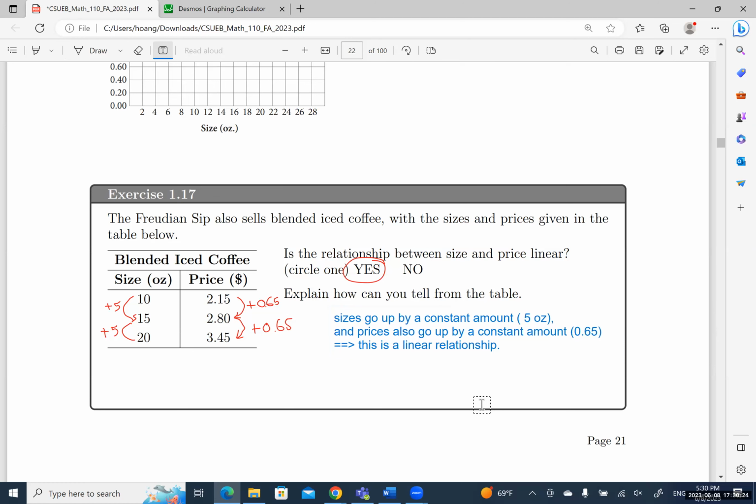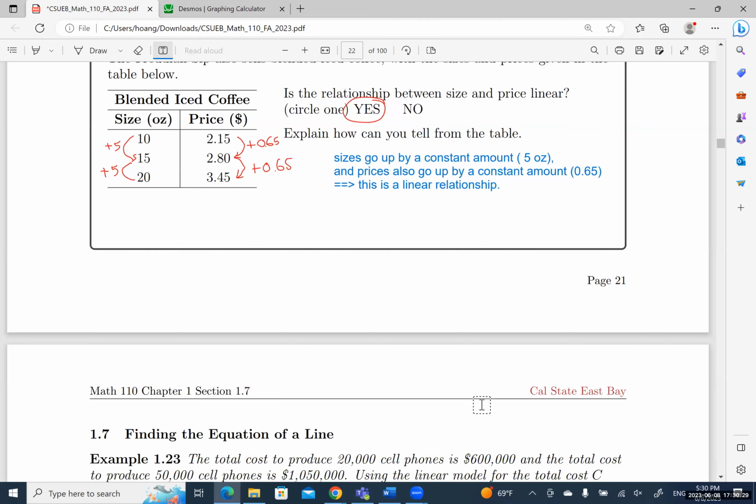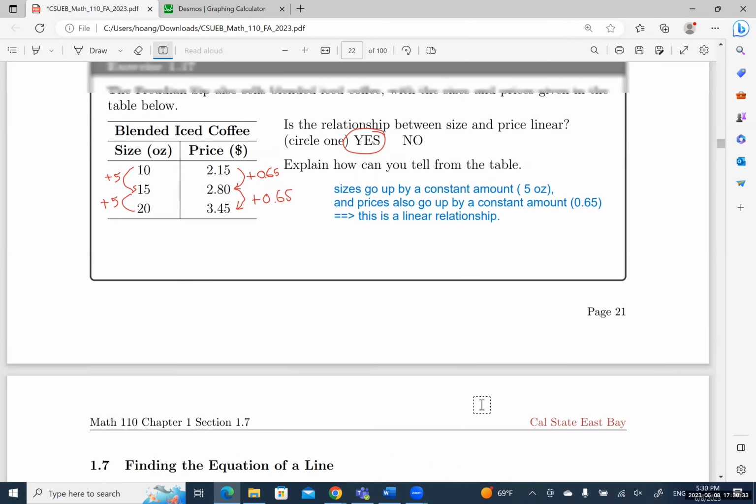Okay. So we just finished section 1.6, cost as linear, right?